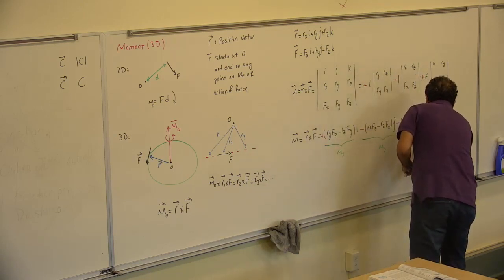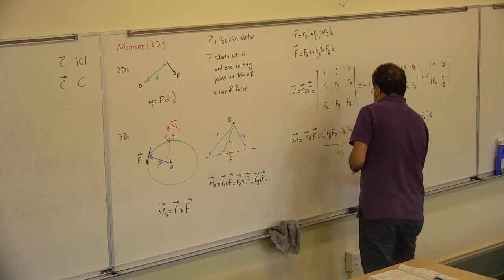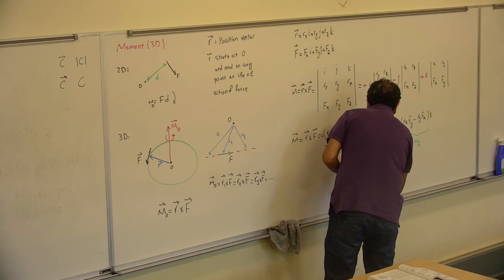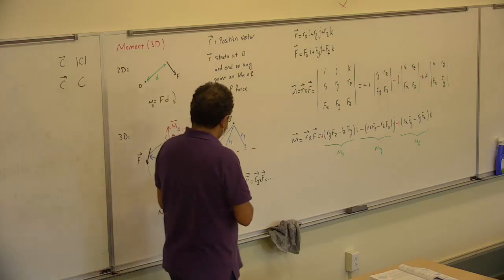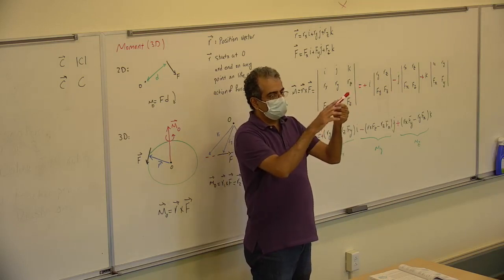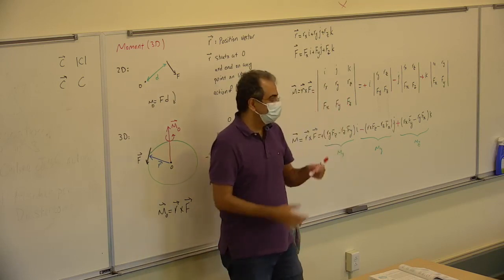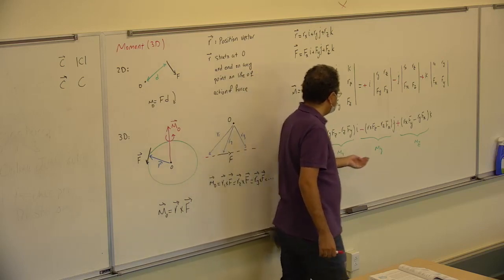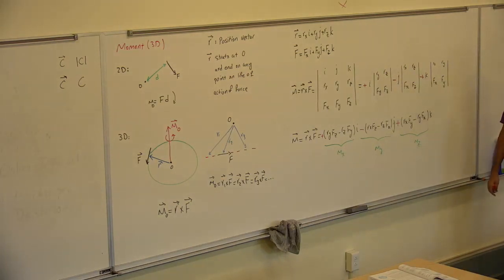This part is the moment about axis z. Basically, assume this is our moment vector, so we find its component on the x, its component on the y, and its component on the z. That's how we calculate the moment in 3D.